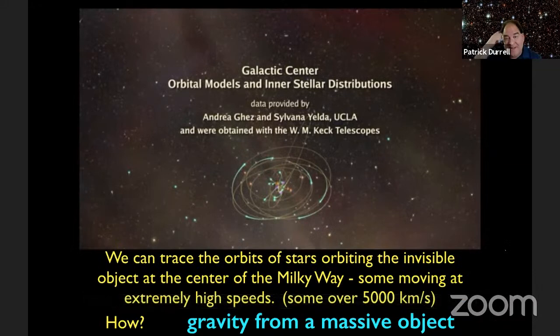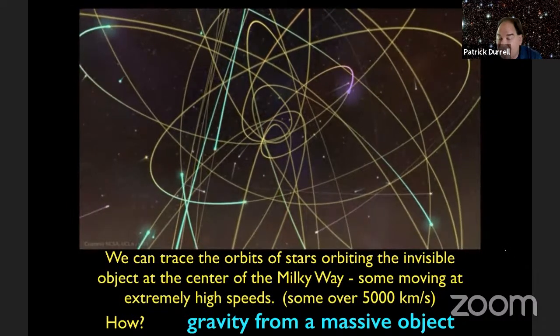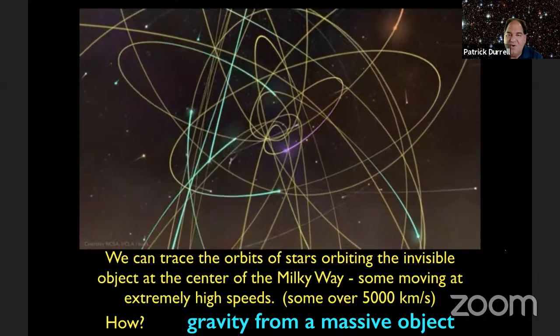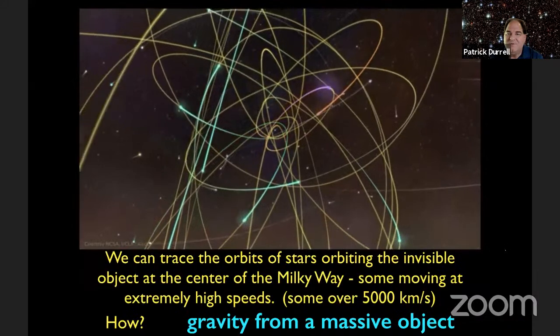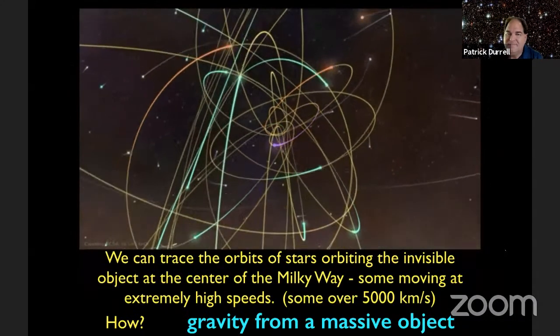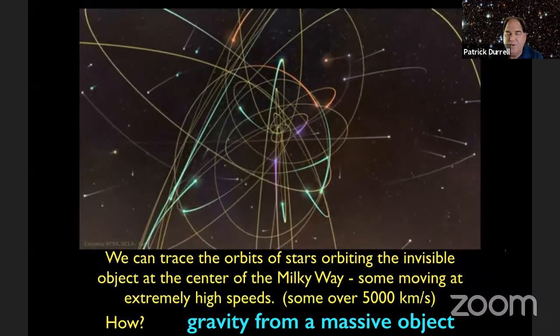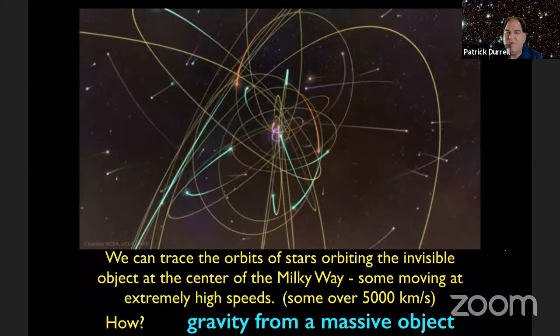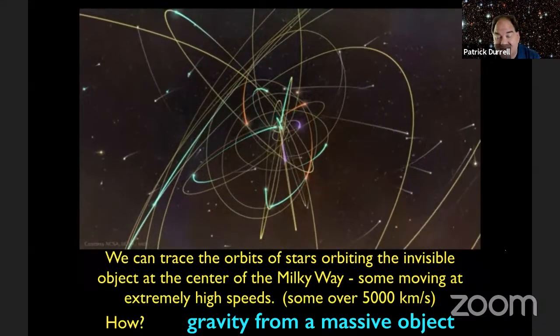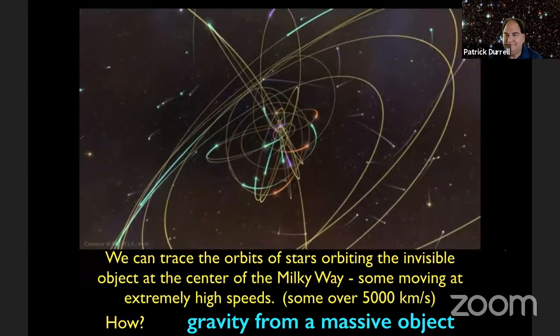And it's all happening in 3 dimensions. This is another simulation from Andrea Ghez's group. These are the orbits of all those objects in 3 dimensions. And notice all of these objects are orbiting something we can't see. Now, for these stars to be orbiting so quickly, whatever is in the middle has to be very massive. This is one of the properties of gravity.